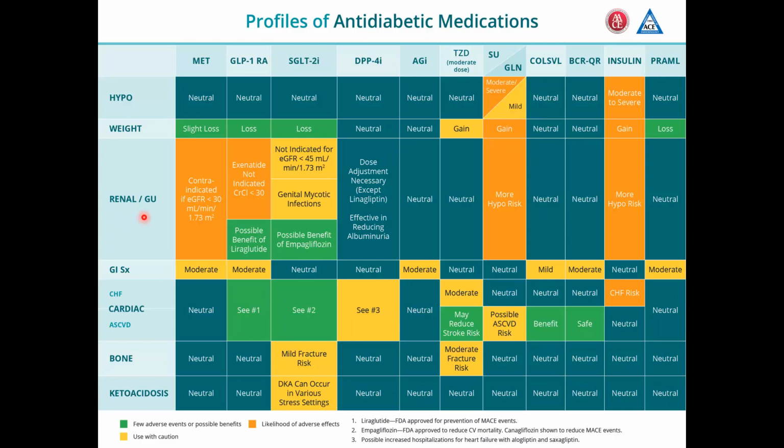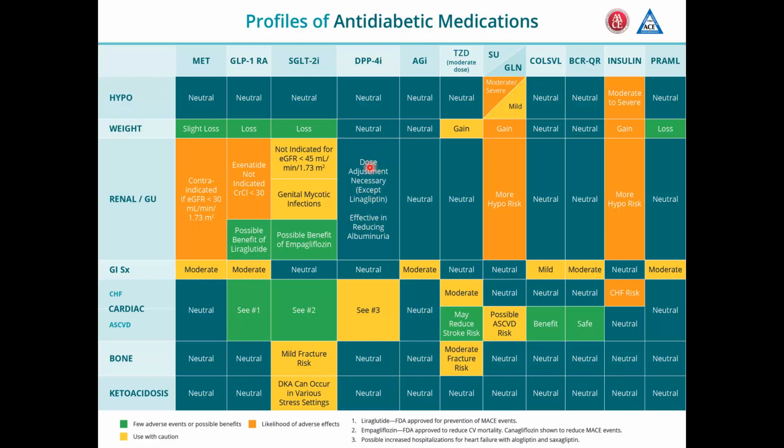Renal and genitourinary: possible benefits of DPP4 inhibitors and liraglutide. Otherwise, you can also give some DPP4 inhibitors like linagliptin. Dose adjustment is necessary except for linagliptin.